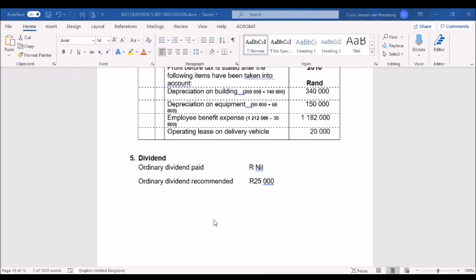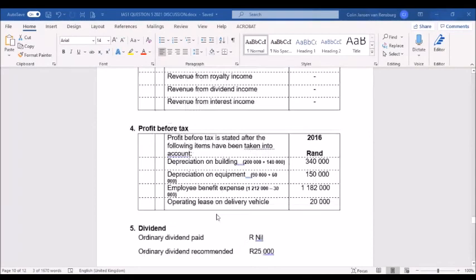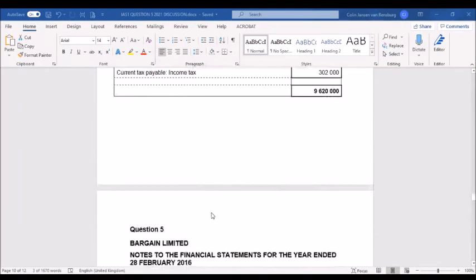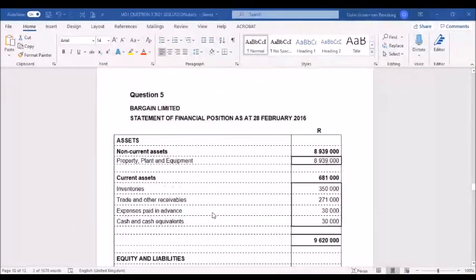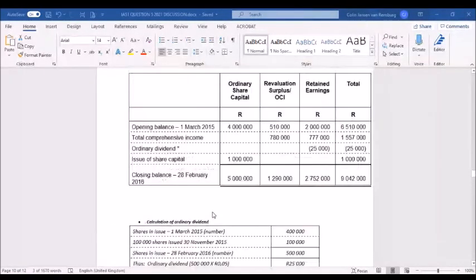Mr. van Rensburg, can you just scroll up to our statement of changes in equity? There you would see we have our dividend, which was recommended of 25,000 Rand. No, it was not recommended, it was declared.